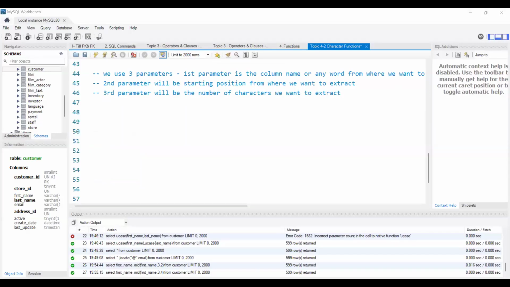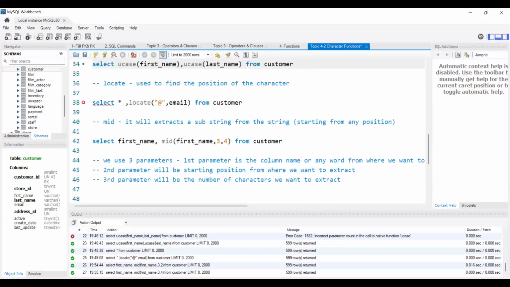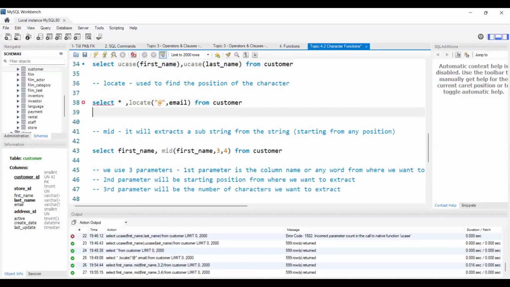And again, one more thing here, locate and find functions are the same. We can use either locate or find. The functionality will be the same.